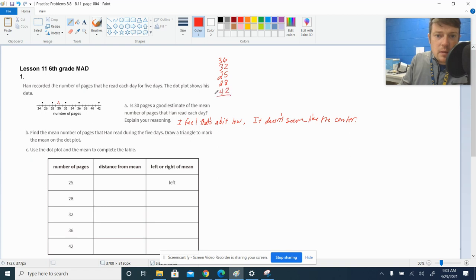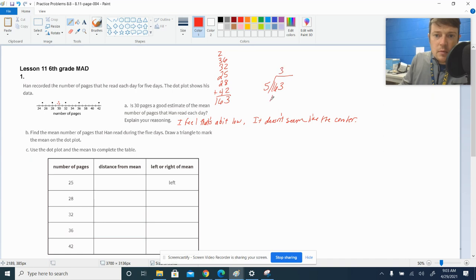Let's add them up. 10 plus 5 is 15, 17, 23. So 3, carry my 2. Let's add all these up. 2, 4, 6, 10, 13, 16. So 163.